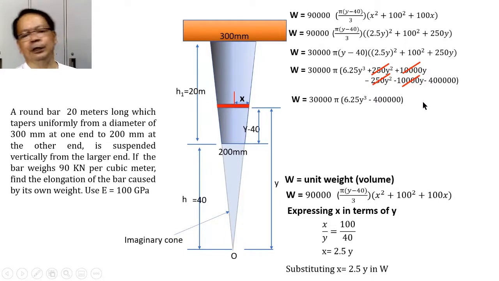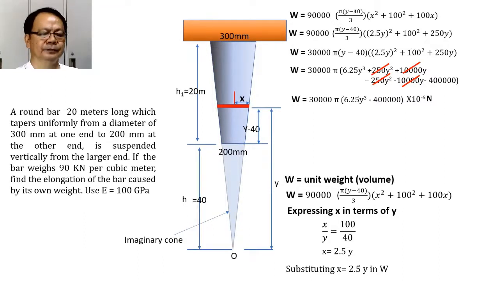So for the unit to be cancelled, we have to multiply it by 10 to the negative 6. When simplified, the remaining unit of this W will now be in Newton.